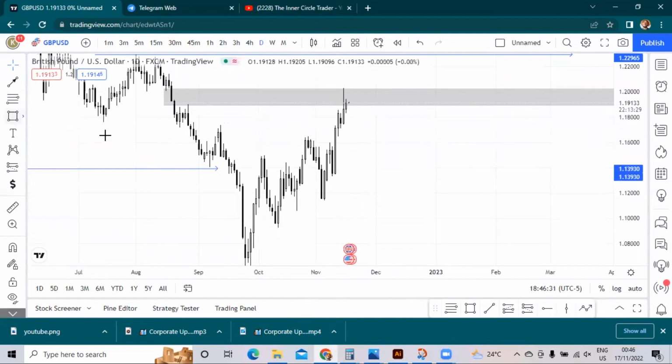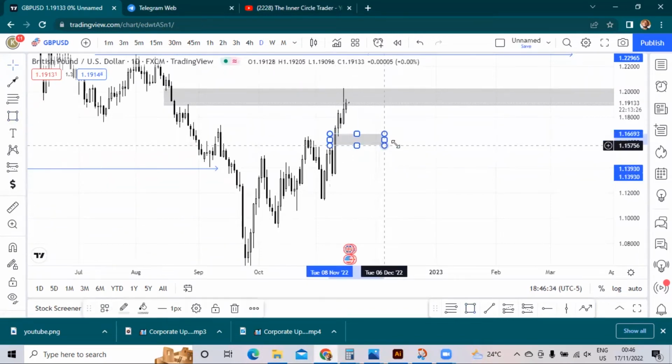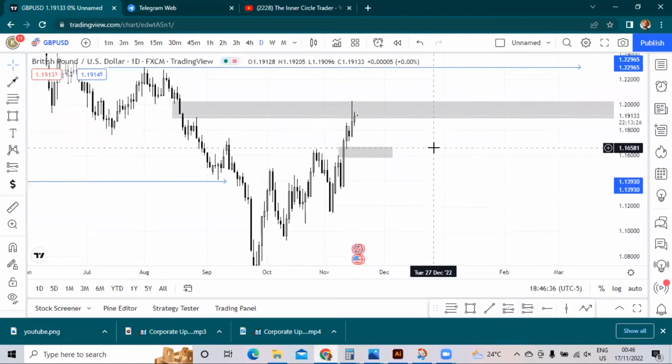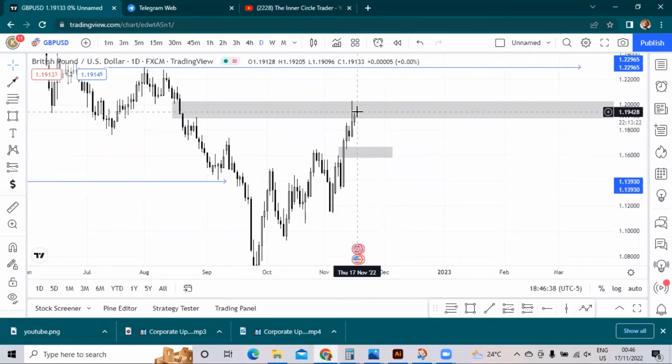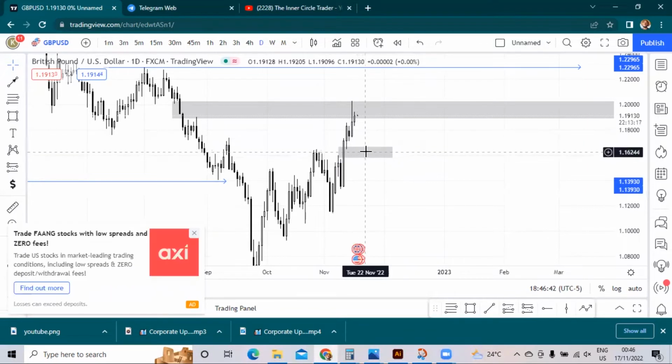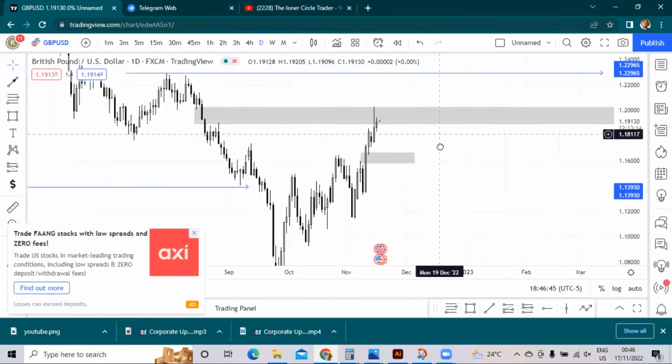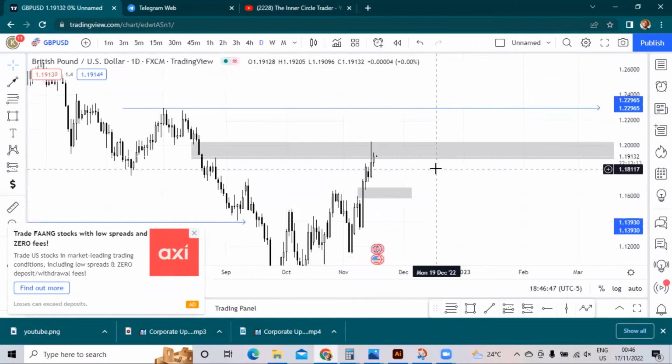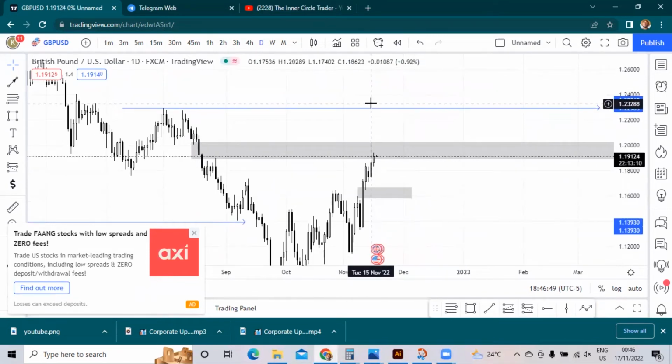We have a fair value gap resting here before an order block. So it's more like a reason why I'm saying price will eventually pull back and sell a little to this area. But again, the market can do anything it wants to do. It could just keep going up.